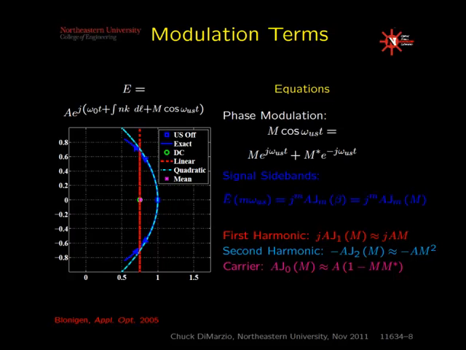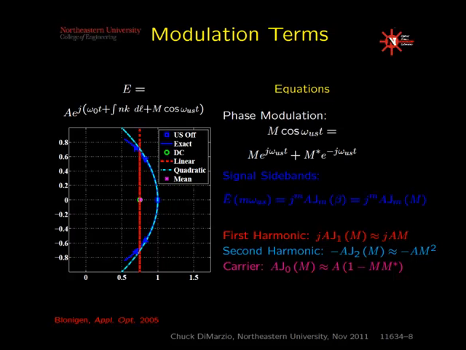So if I look at the average of a field that's moving along this blue curve, it's going to be right there where the green dot is. If I'm only going to second order in my Taylor series expansion, the curve is actually the cyan line, and the center is at the magenta cross. These are very close together, and I've really seriously exaggerated the value of m in this picture.